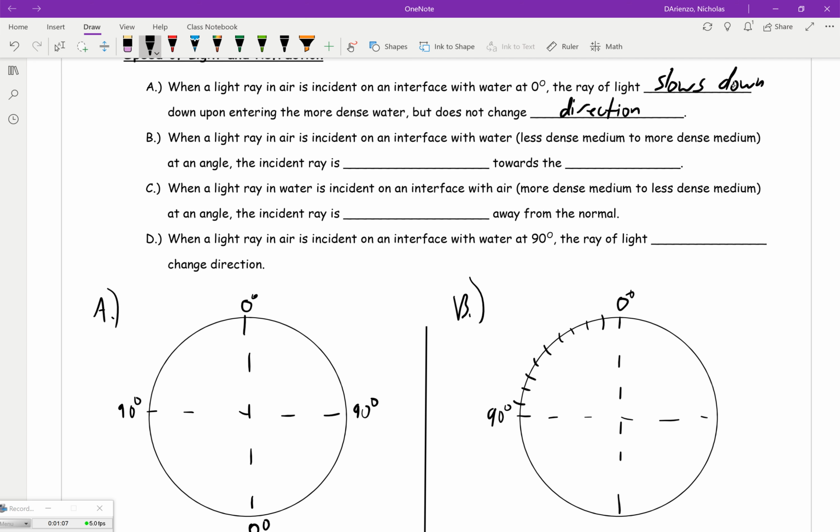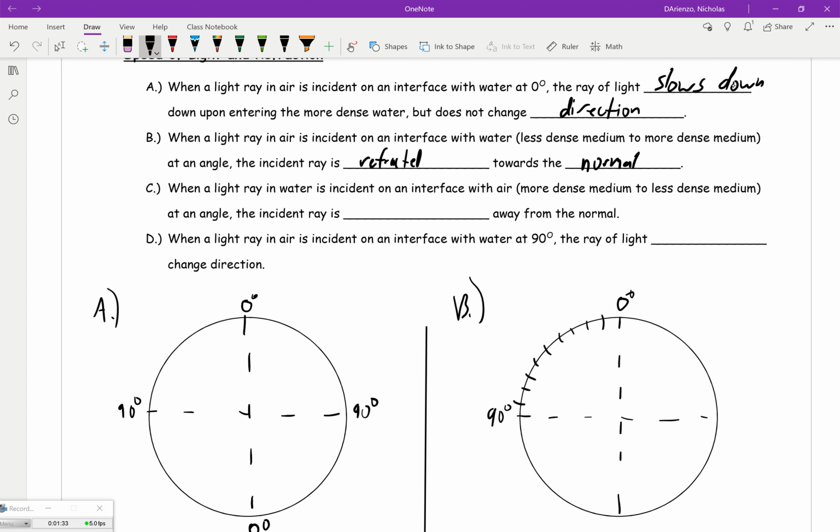The second one we'll look at is when a light ray in air, so again originating in air, is incident on an interface with water, so from a less dense medium to a more dense medium, at some angle, the incident ray is refracted towards a line that we know now is called the normal.